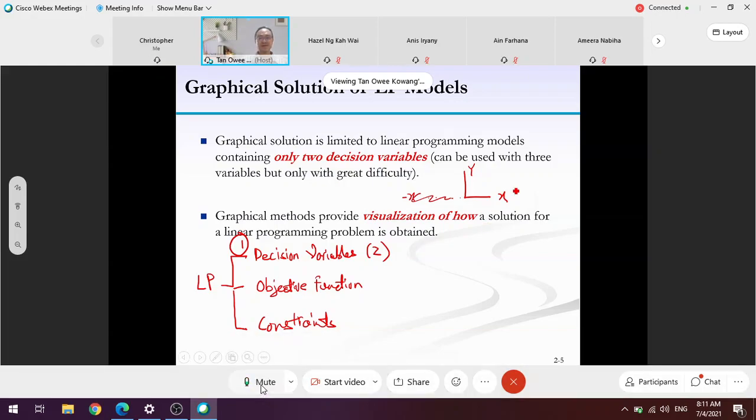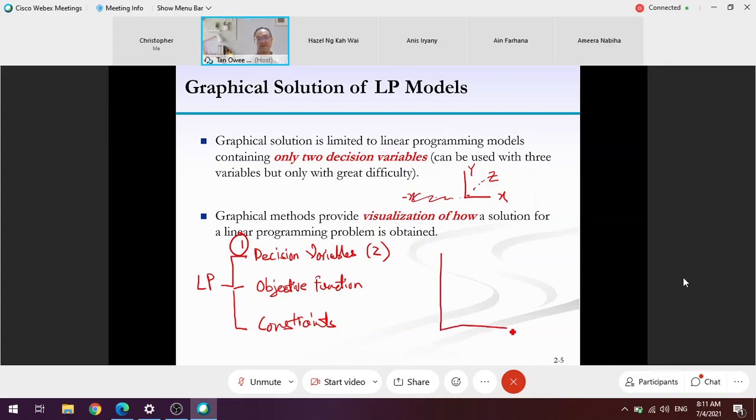You might challenge and say that you can plot another one, Z. But how do you plot it on a piece of paper? You can't do it. Okay. So the first step is to develop the coordinates of the graph whereby the axes are represented by the decision variables, for example x1, x2.